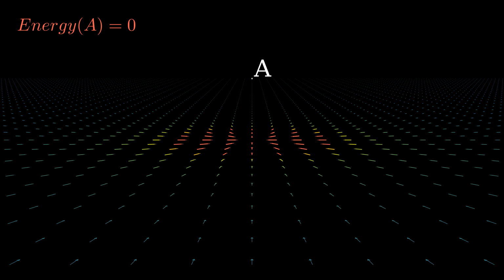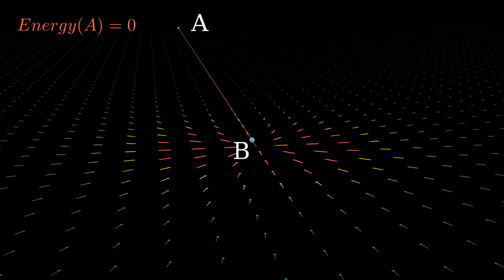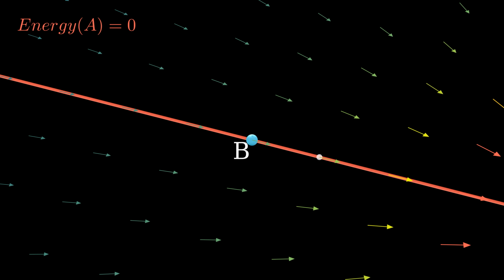Now, we apply the procedure we have just built up. We choose some point B along the straight line from the center to A and chop the path between them up in small segments. Let's start with segments of length 1. The force arrows point from A to B everywhere, and so instead of having to put energy into the object to move it from A to B, we get some out, and the energy at B will be negative.